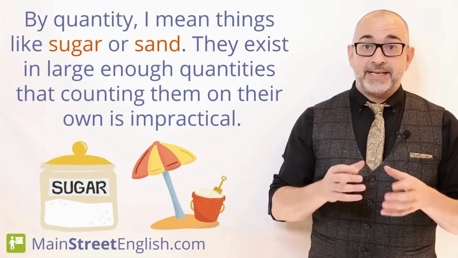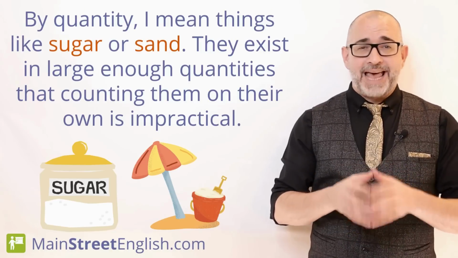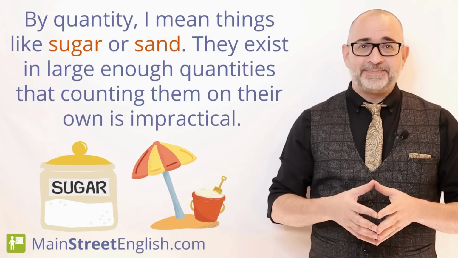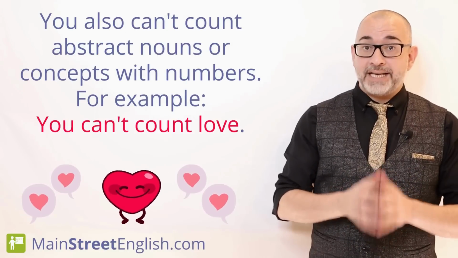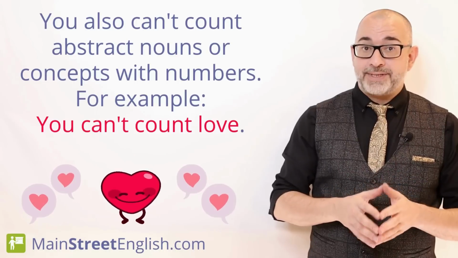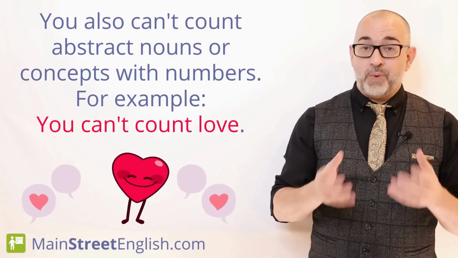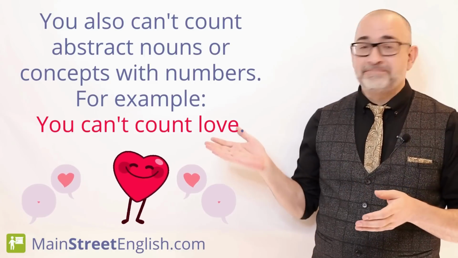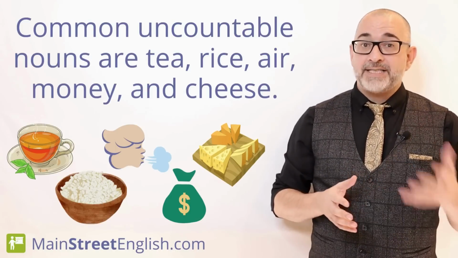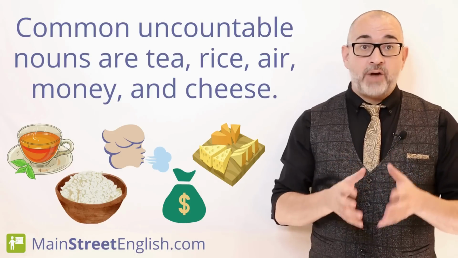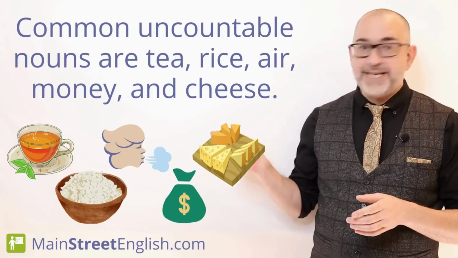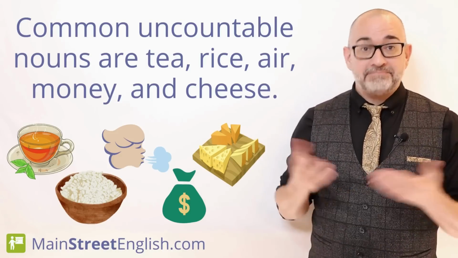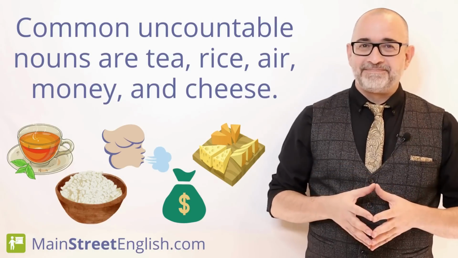They exist in large enough quantities that counting them on their own is impractical. You also can't count abstract nouns or concepts with numbers. For example, you can't count love. Some other common uncountable nouns are tea, rice, air, money, and cheese.